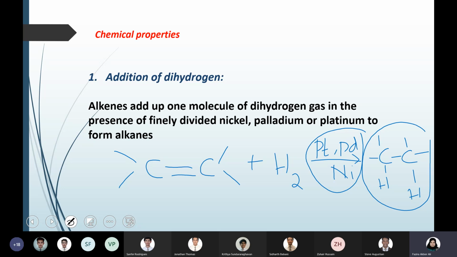That is why in this slide I have not included the equation, because we have already discussed it, and many reactions are connected, as you will see it's repeating. If you add hydrogen, the double bond breaks down and you get a single bonded compound with the addition of a hydrogen molecule. To any alkene you can add hydrogen in presence of platinum, palladium or nickel.